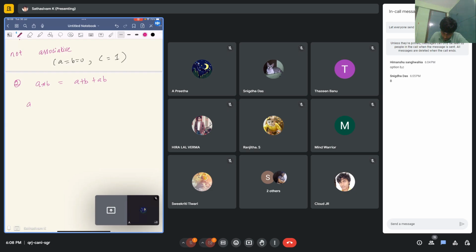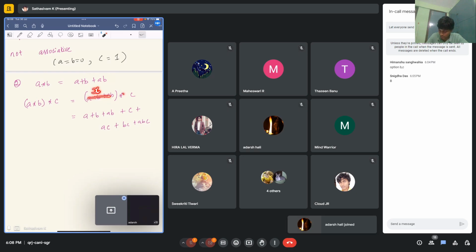Let's look at both of these. (A star B) star C will be A plus B plus AB, star C. So this will be A plus B plus AB plus C plus AC plus BC plus ABC. You just apply the same thing here. You see it as a letter X, it is X star C, and then just apply that.